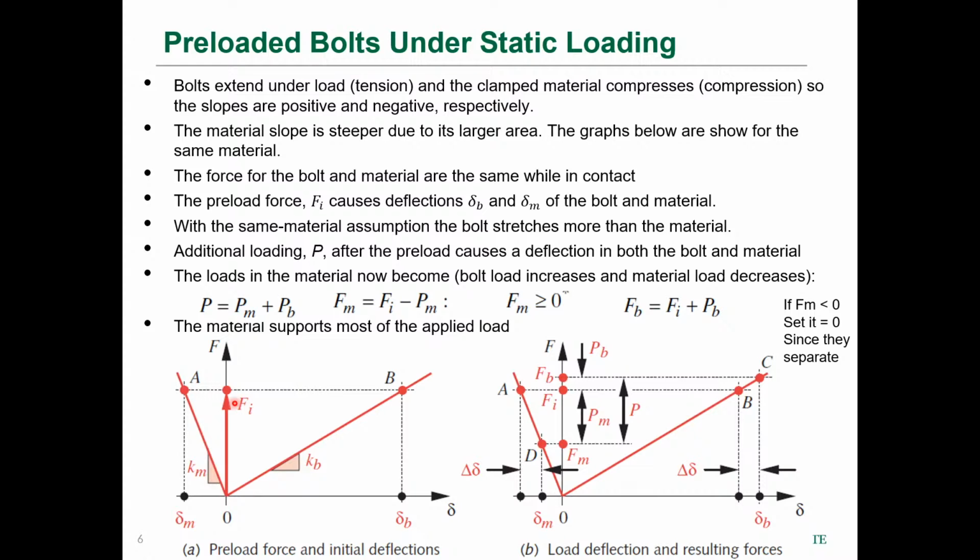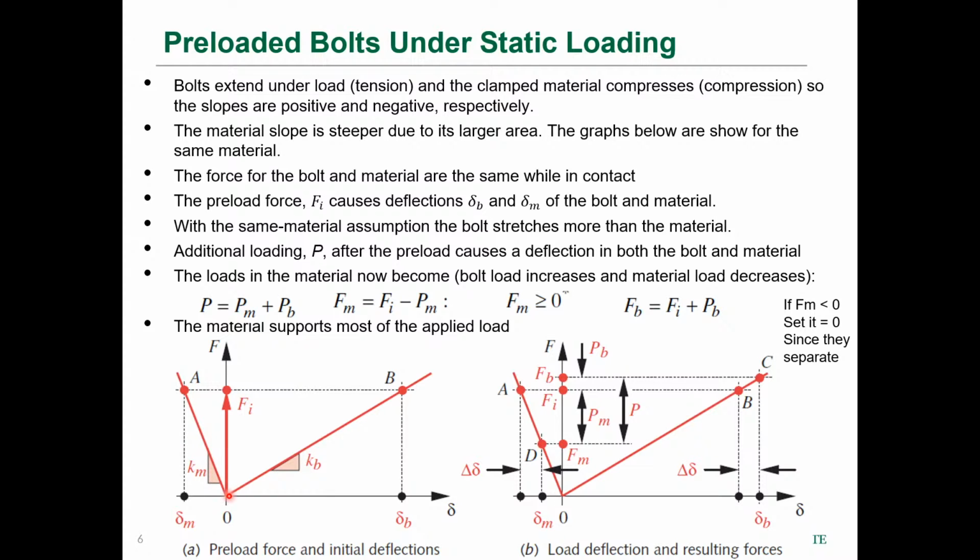Okay, and what's shown here is the force per displacement line, and as you can see, we have a negative slope here, and we have a positive slope for the bolt. So when the bolt and the material are in contact, the force is the same.